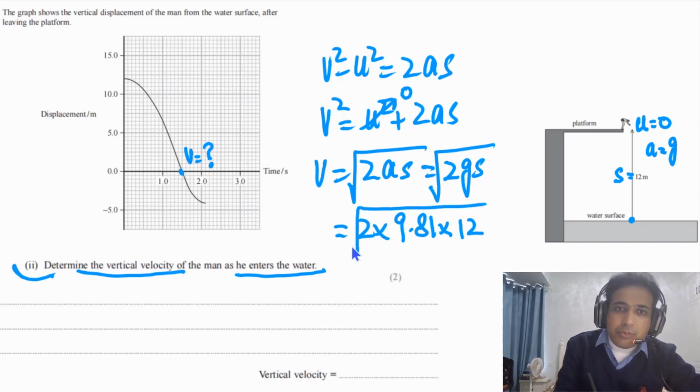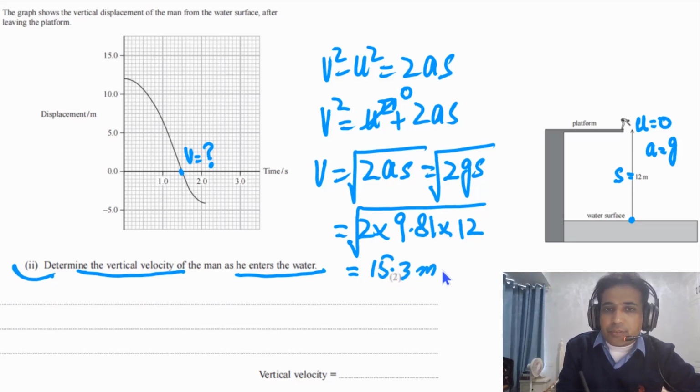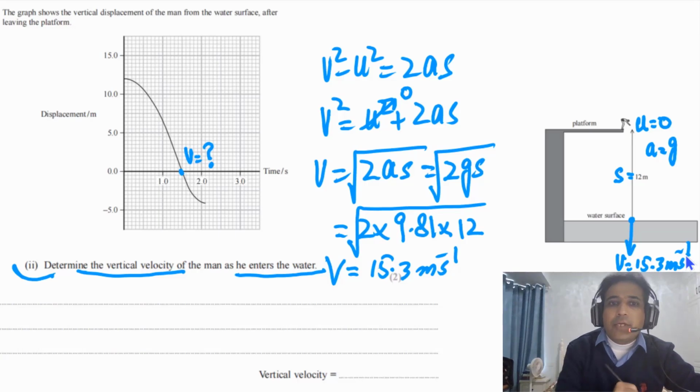Now simply we can solve this one, and we will get our answer: 15.3 meters per second. So this is the vertical velocity when the person just enters the water. So the value of v at this point is equal to 15.3 meters per second. So this is one way you can answer this problem.